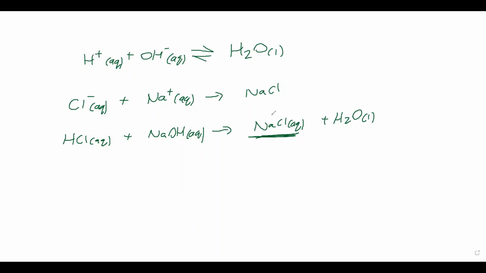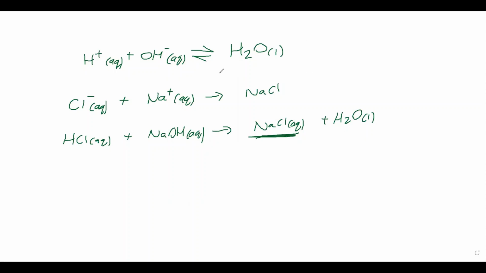And it doesn't matter if it's not table salt, it's still called a salt. So these salts are always neutral, and we always form a salt with any acid-base reaction. It doesn't matter what the base is, because we're going to see next that we sometimes have different bases. We always form a salt with these.